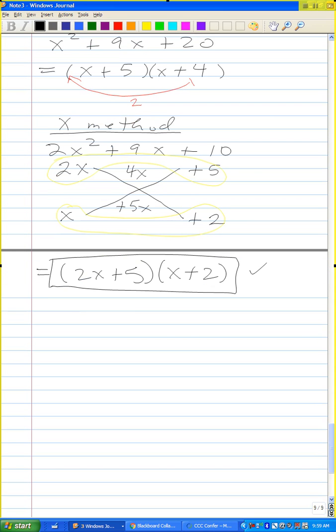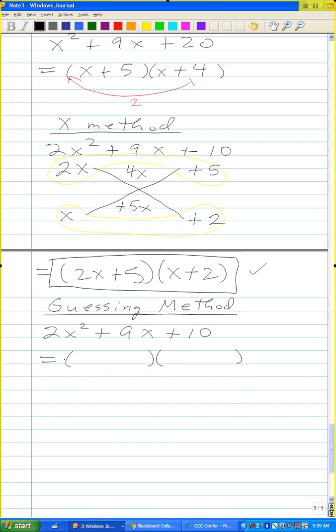Or your trial and error, your guessing method. 2x squared plus 9x plus 10. And so you just sort of guess the correct answer and then check it.